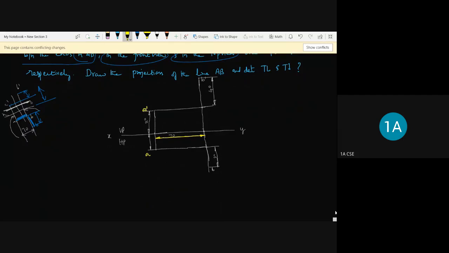These are the final front view and top view of a line when it is inclined to both the planes. So this is A dash, B dash and AB is given. So this angle is nothing but the apparent inclination.